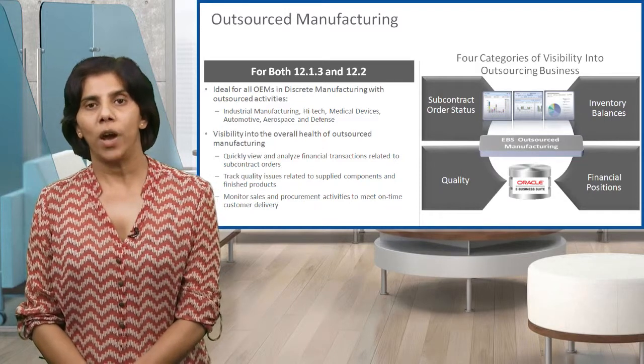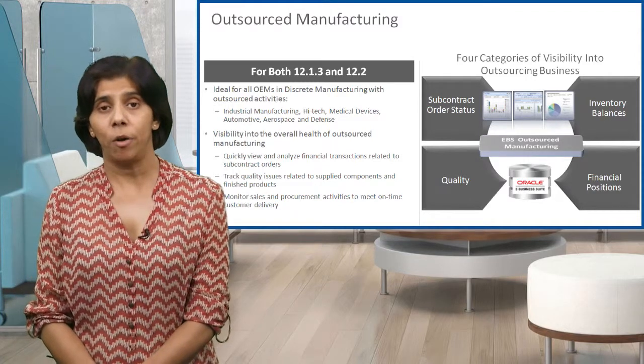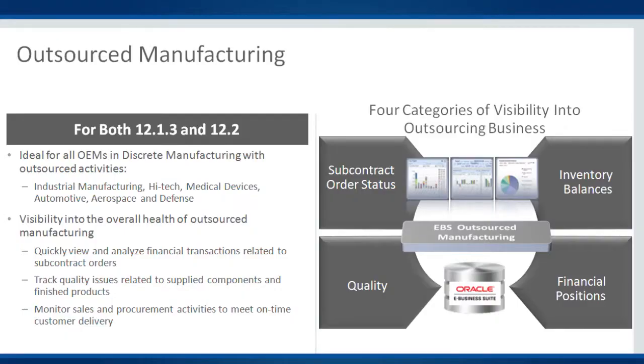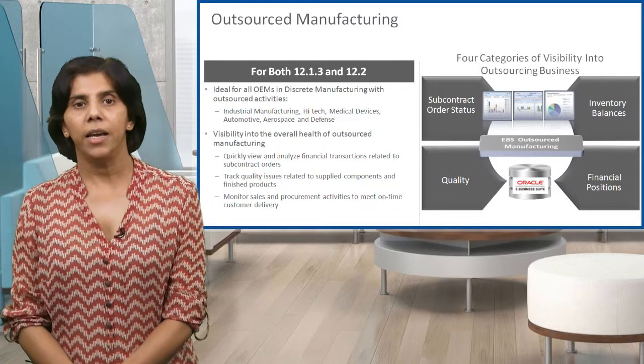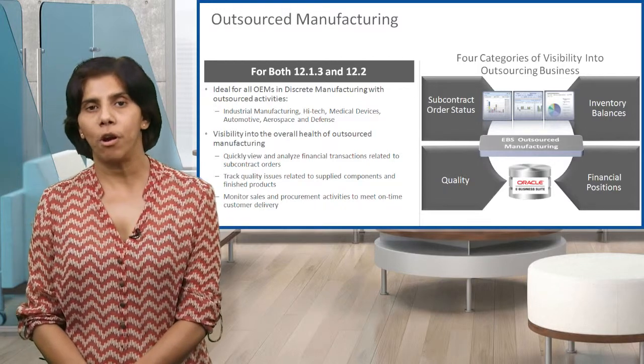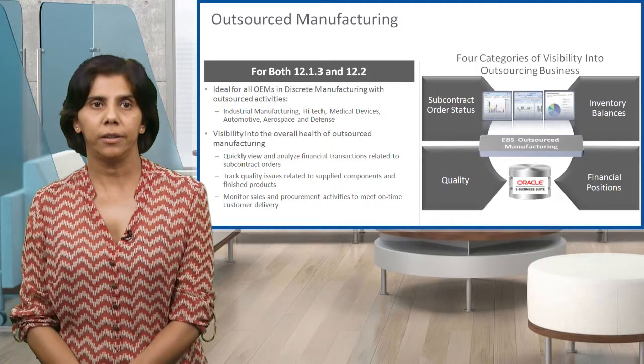This product provides a 360-degree view of all the outsourcing business operations, including subcontract statuses, on-hand inventory, the financial positions across your manufacturing partners. With this product, OEMs can track the health of their outsourcing operations across their multiple manufacturing partners.